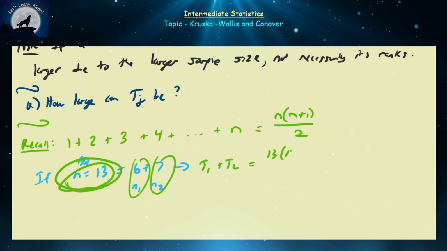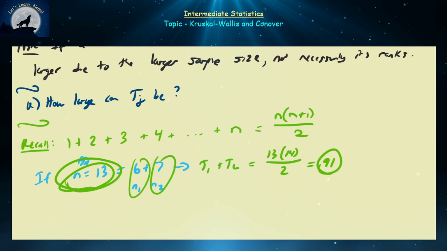That would be equal to 13 times 14 over 2, which is equal to 91. So for a 6-7 split for two sample analysis for equality of ranks, the upper bound for both T1 and T2 is equal to 91.